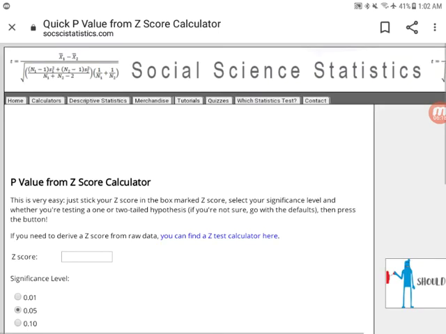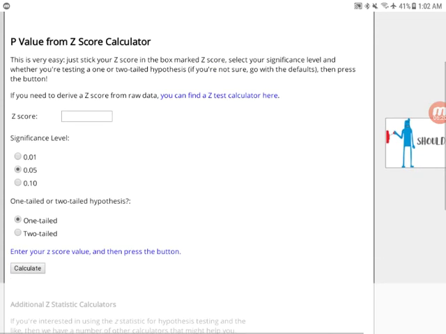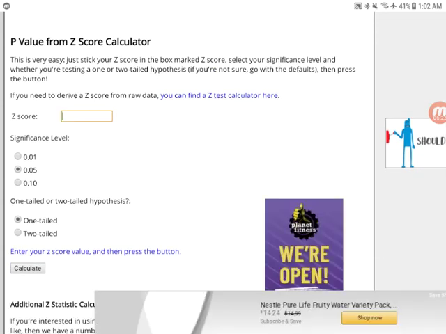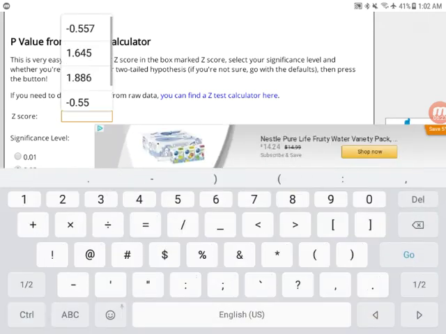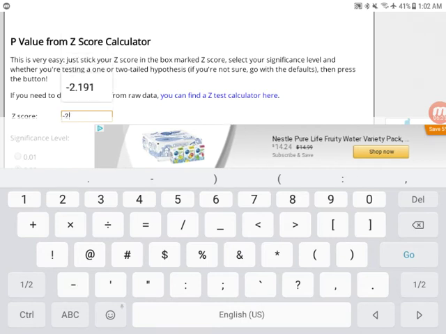We want to input our information. We have a z-score of negative 2.191.